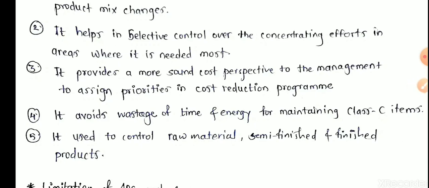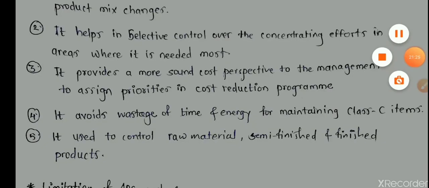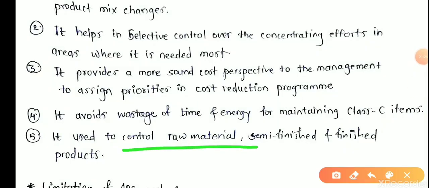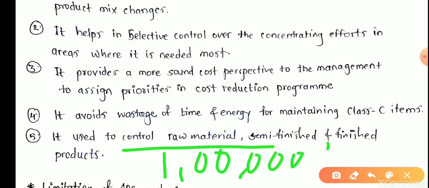Okay, let's take an example of ABC analysis, but we can't ignore the C items. Suppose you have a bike of around 1 lakh or 1 lakh 50,000 rupees, and there is air in its tires. How much does the compressed air in the tire of the bike cost?